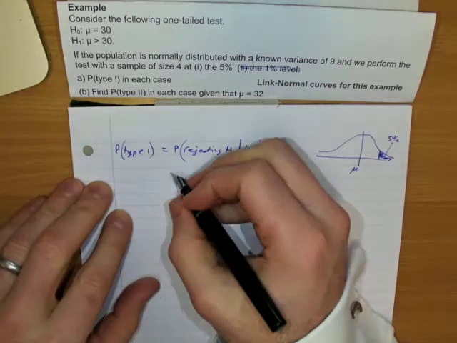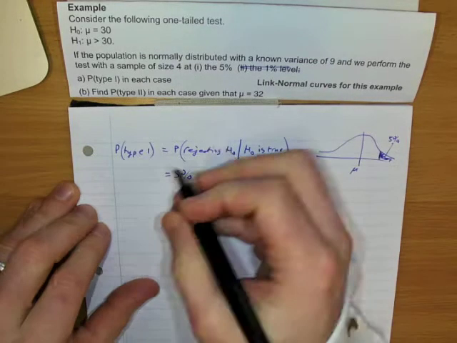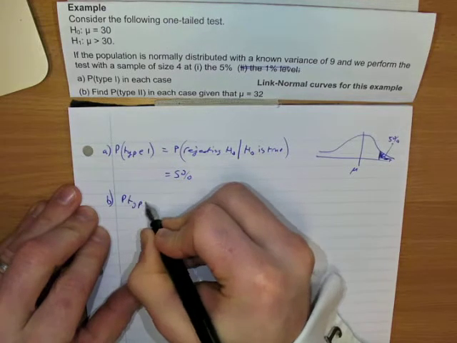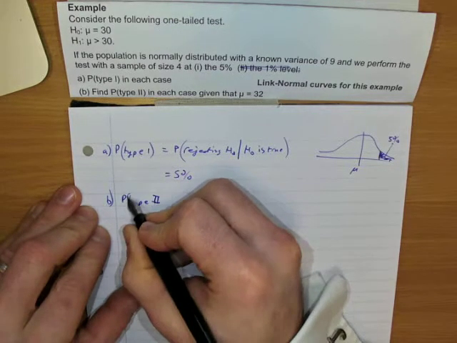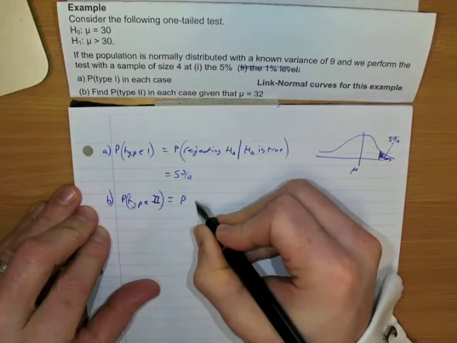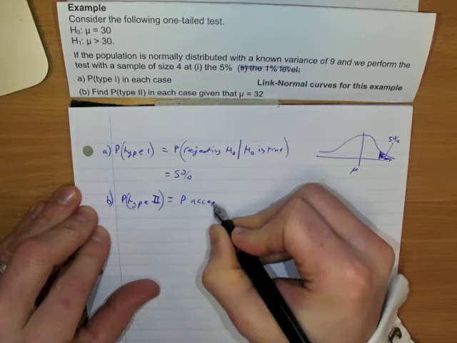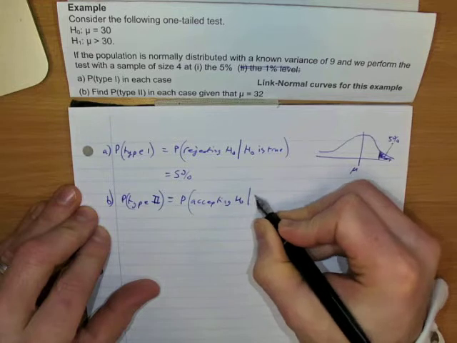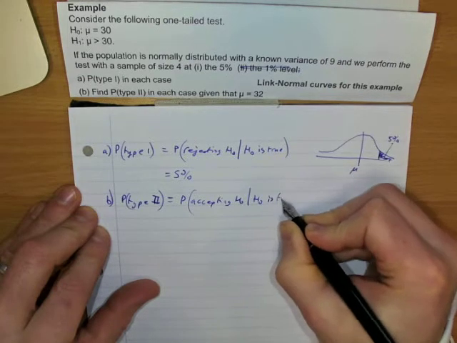So that's relatively easy. Type 2 errors are always more difficult. Probability of a type 2 error, well, that's the probability of accepting H0 when in fact H0 is false.